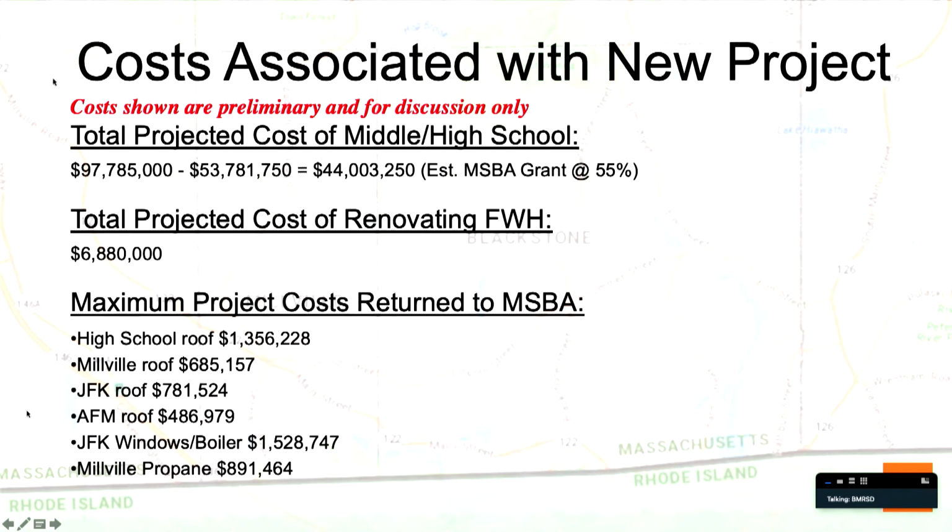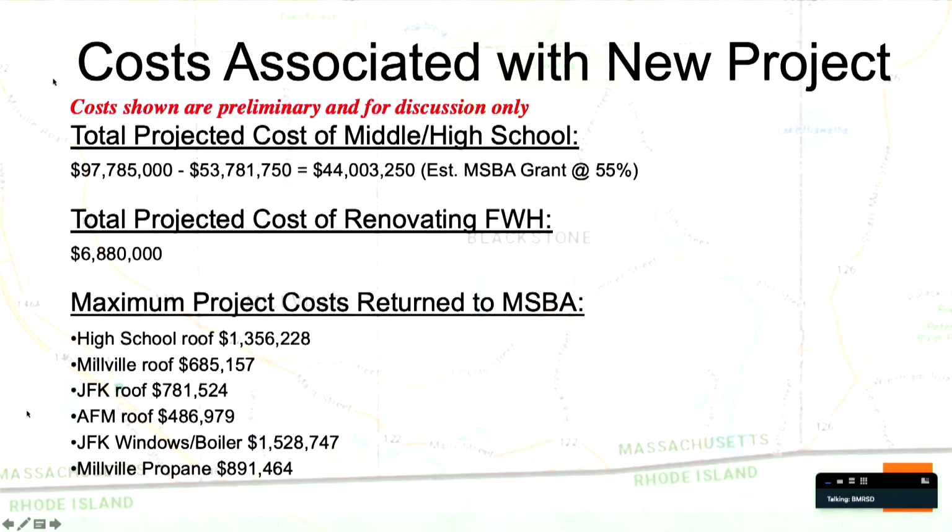So this is total project for the high school, 97.8, about a 53.8 grant anticipated from the state, which gives us a cost to the town of 44 million. And then the cost of renovating Hartnett, about 6.8 million.